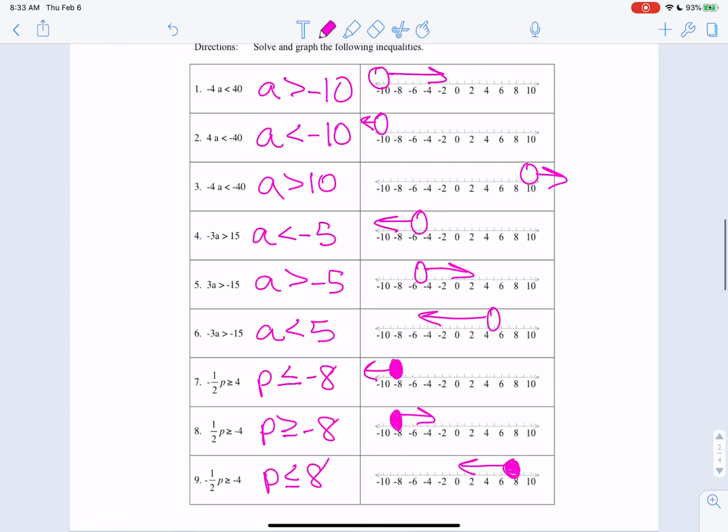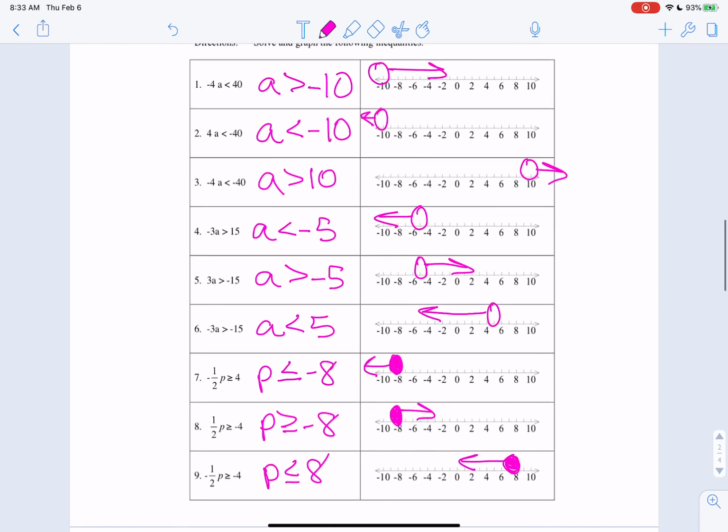Now, if you struggled with this, the main thing that you needed to remember was how to multiply and divide by negatives. So you need to remember that when you have a positive times a positive, it equals a positive. A negative times a negative equals a positive, right? So if the signs are the same, the answer is positive.